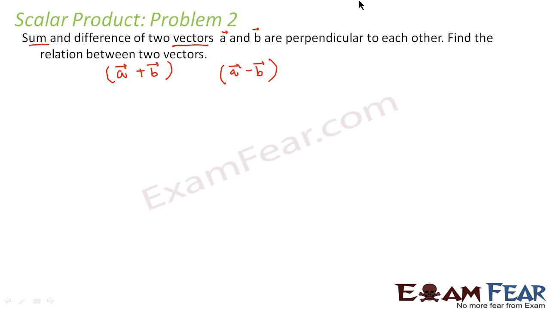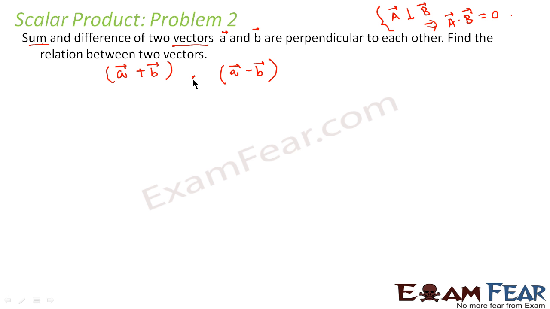Just before some time we studied that if two vectors, say A and B, are perpendicular to each other, that means that A dot B is equal to 0, right? So if we apply this logic, then we can say that dot product of this and this vector will be equal to 0, right?